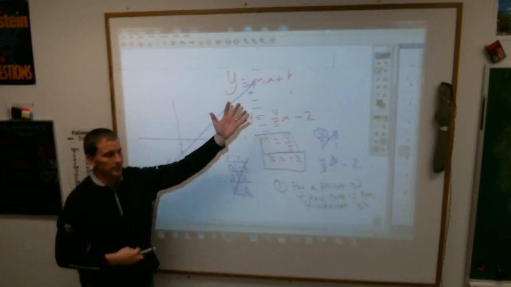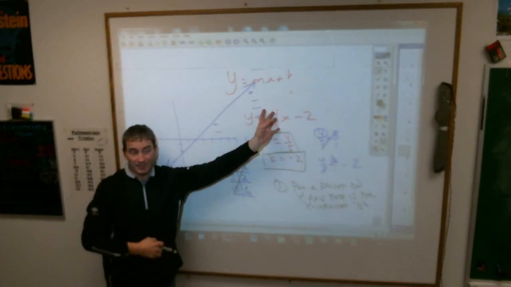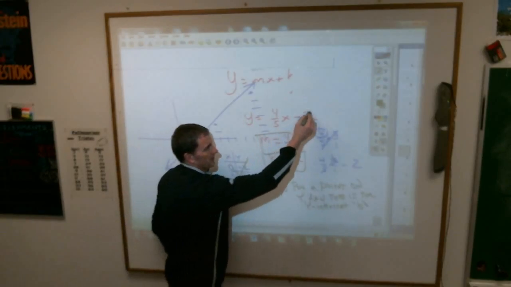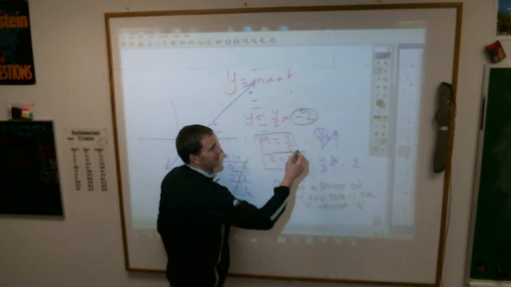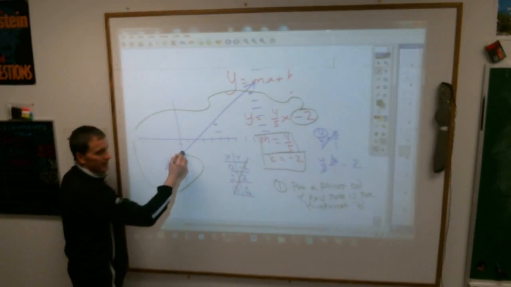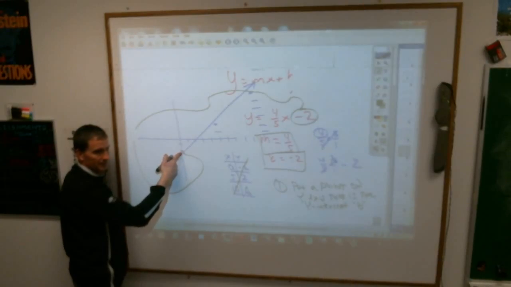So if I were given this equation and I wanted to graph it, I find what my letter b is, which is the y-intercept, which is -2, and I come over to my graph, and there at -2 on the y-axis, I put a point. Look, that's going to be right on my line. That's my starting point.